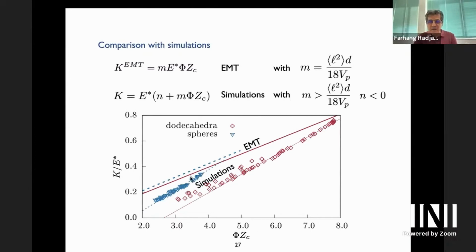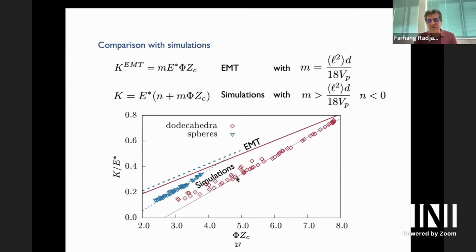This red line here is the prediction of EMT, and these are our data. So you see that our data are indeed linear. That is something which is similar to EMT, but the prefactor is different. So the prefactor M here is different. Here it is given by EMT, and here it is larger than that.